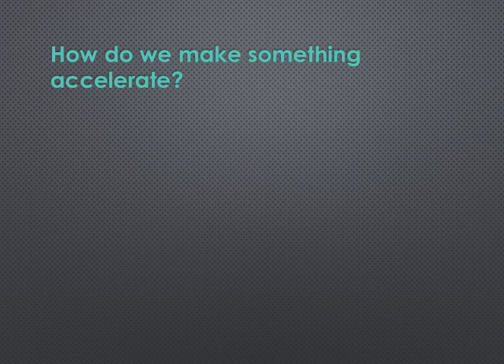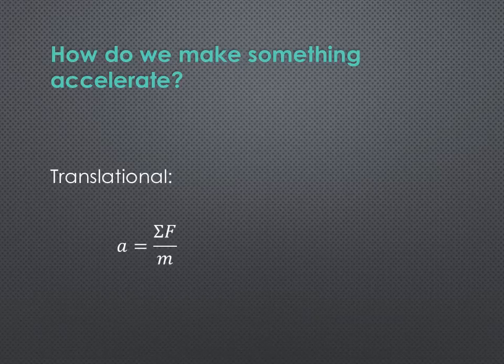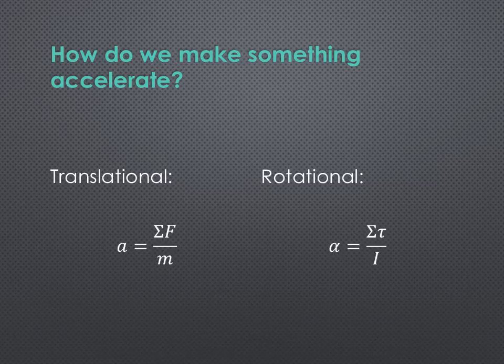So how do we make something accelerate? Well, in translational motion, your acceleration is proportional to your net force and inversely proportional to your mass. You'll remember this is our version of Newton's second law. In rotational motion, your angular acceleration is equal to your net torque divided by your moment of inertia.